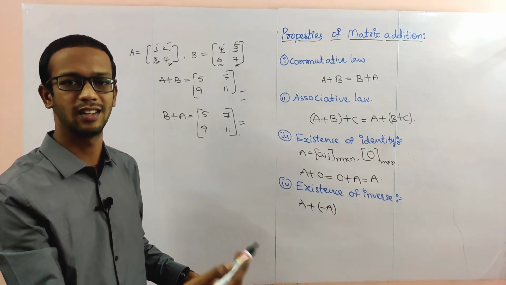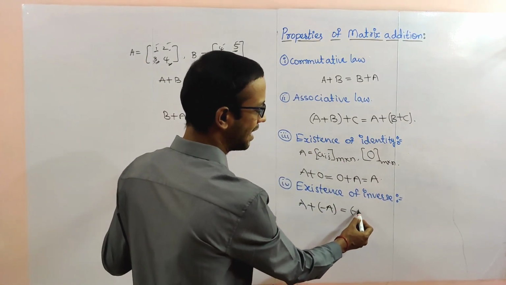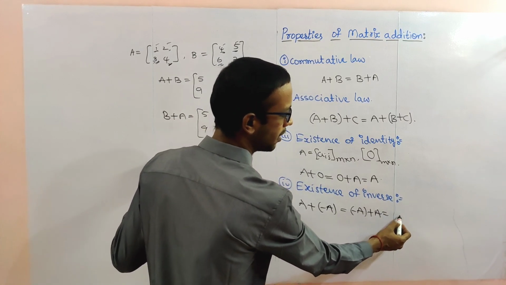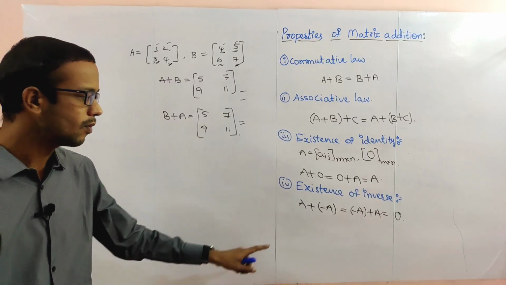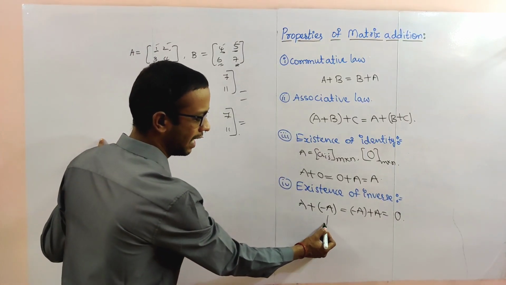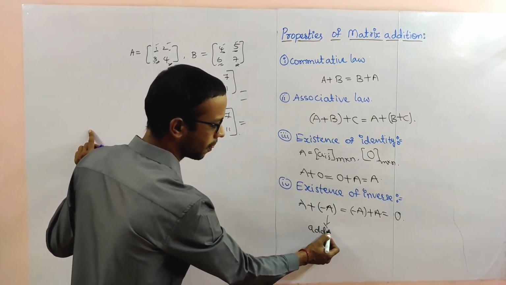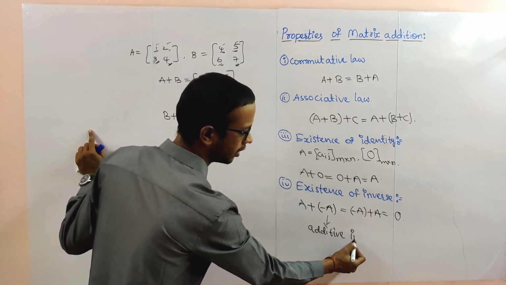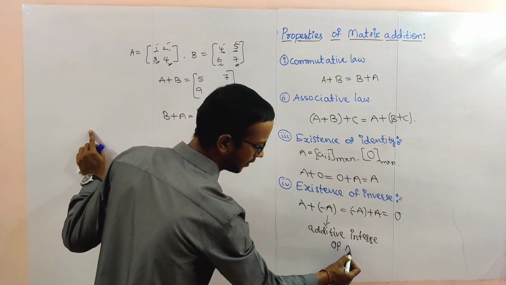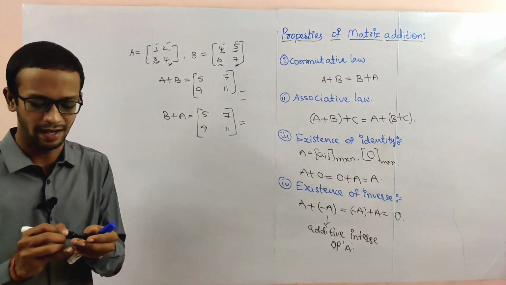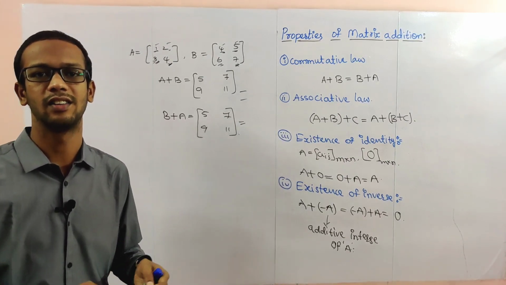Negative of matrix we'll discuss in the next concept. A plus minus A is equal to minus A plus A, which is equal to O, that is the 0 matrix. So minus A, or negative A, is called additive inverse of matrix A.